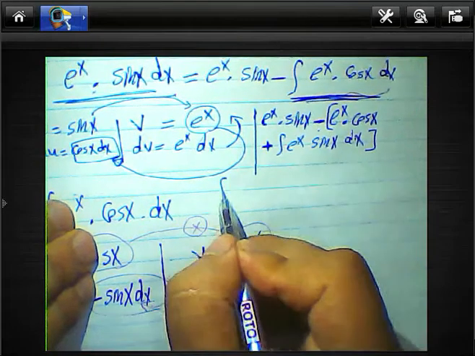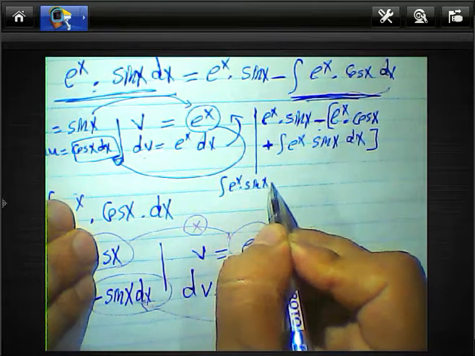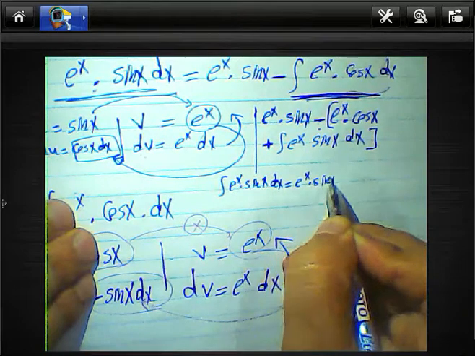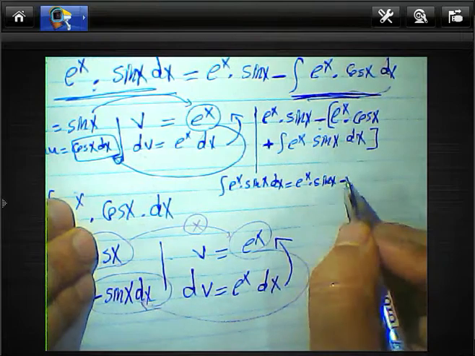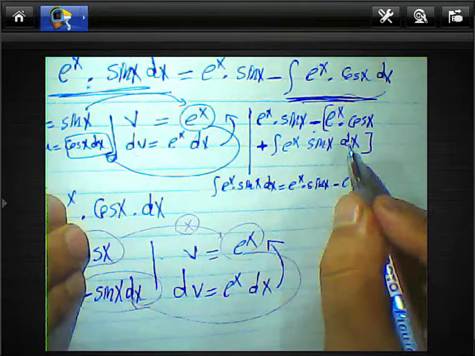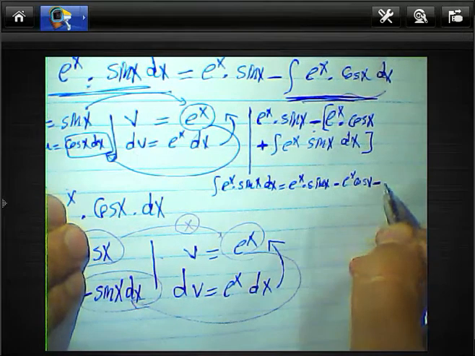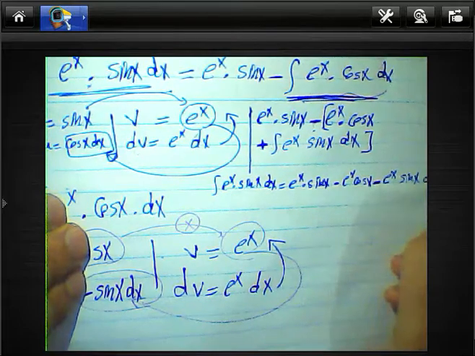So we can write the integration of e power x sine x dx equal e power x sine x, subtract e power x cosine x, negative multiply positive equal negative, negative e power x sine x dx.